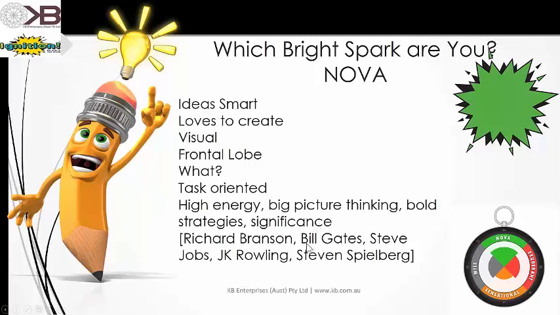And if you look at some of the personnel under here who are role models for this particular NOVA visual profile, you've got Richard Branson, Bill Gates, Steve Jobs, Steven Spielberg, J.K. Rowling, those sort of people that are quite creative and are very visual and are kind of out there, very bold in what they do. So if there's a problem to be solved, those people will be coming up with all the great ideas and be very innovative in their particular practice.